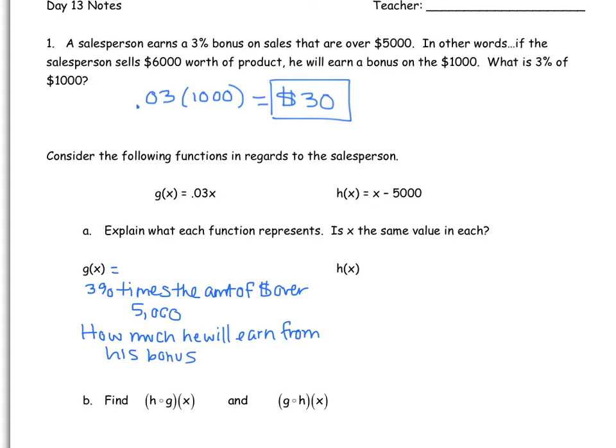h of x is representing how we have to subtract the total sales minus 5,000. This is going to give us the amount of money he will get a bonus 3% of.